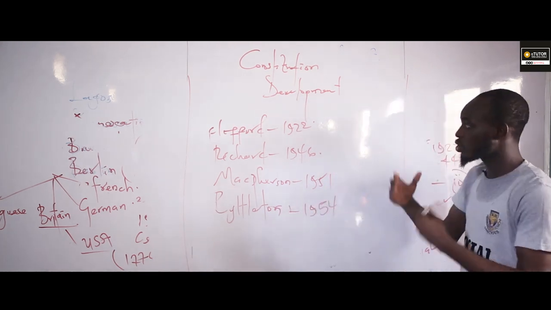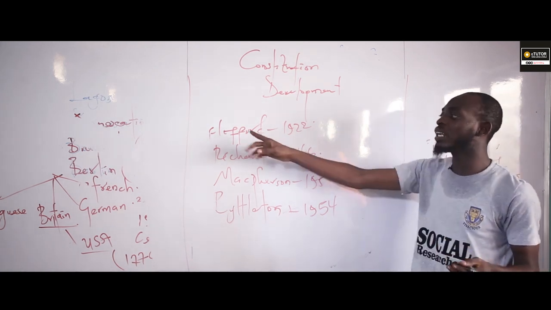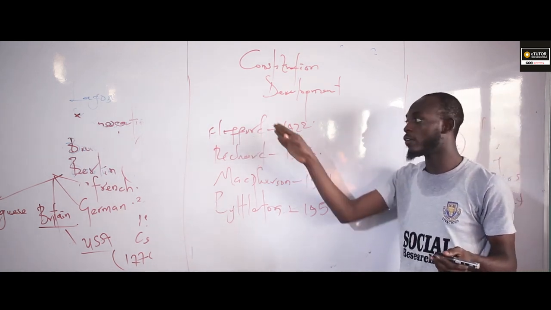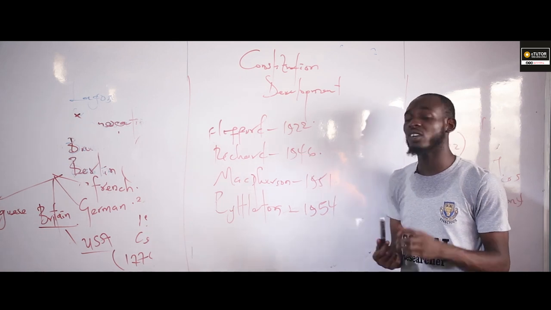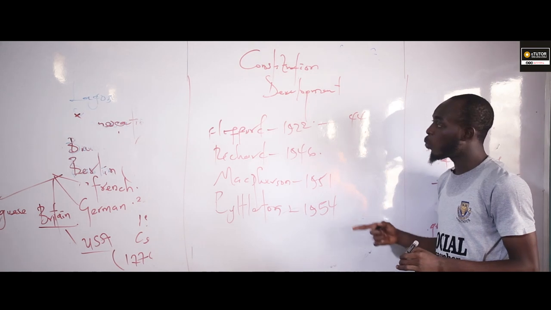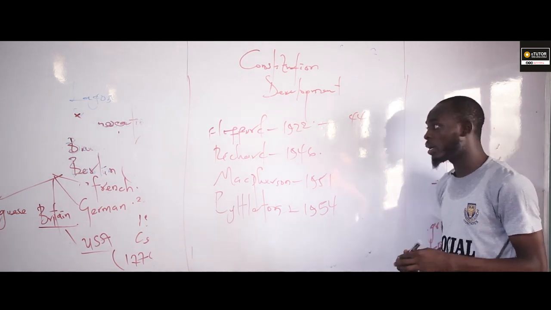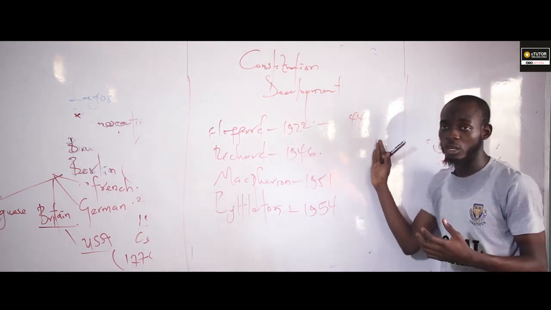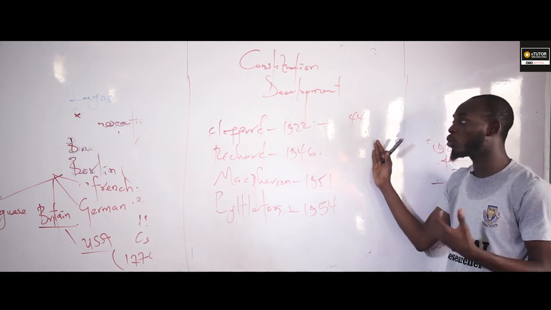So let me just summarize what I've said so far. Under the Clifford Constitution, if you look at the total number we have under the Legislative Council, there are 44 in numbers. While under the Executive Council, they are 10 in numbers. We call them official members.